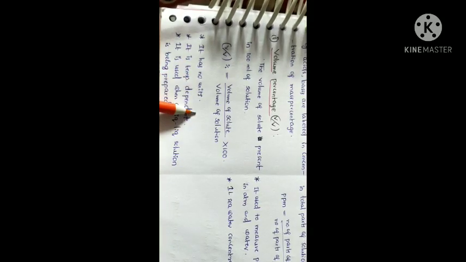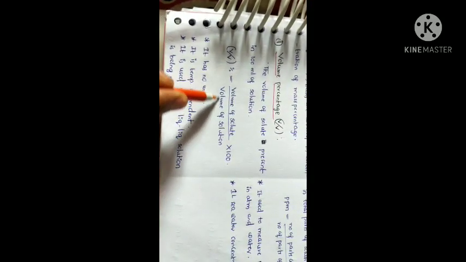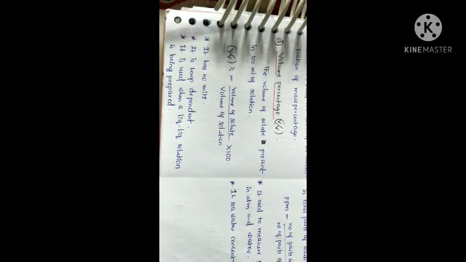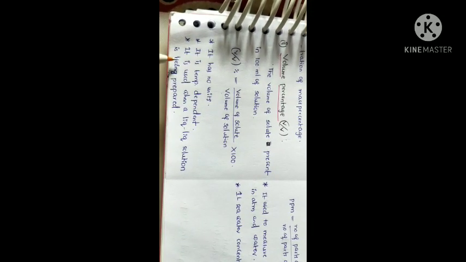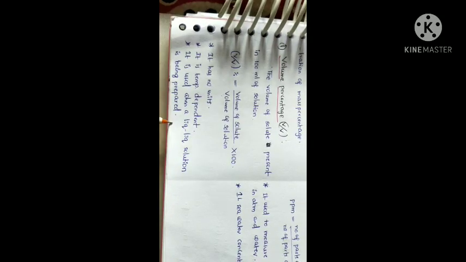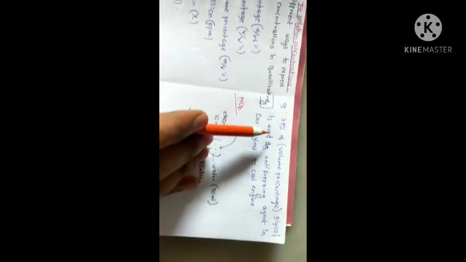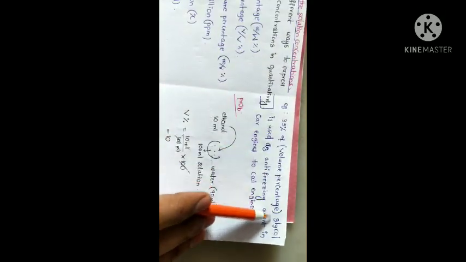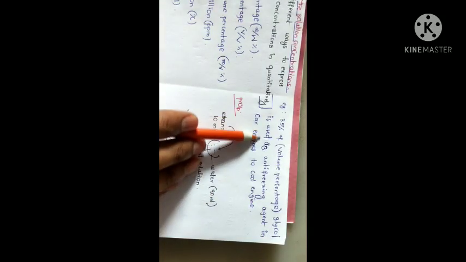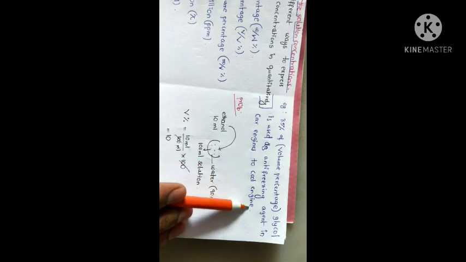It has no units and it is temperature dependent because volume depends on temperature. It is used when a liquid solution is being prepared. The best example: 35% of glycol is used as an anti-freezing agent in car engines to cool the engine.